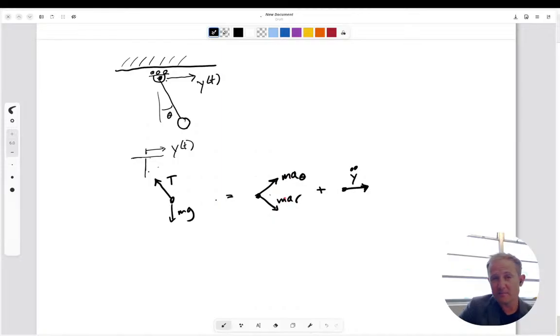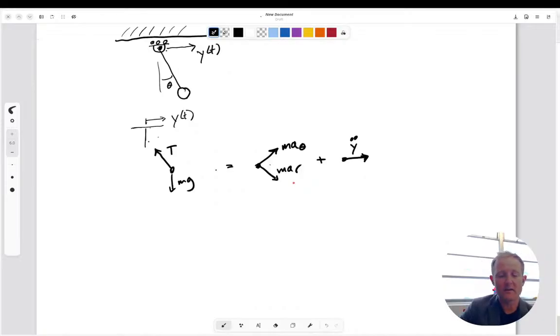We can make some small angle approximations to kind of say like this y double dot is in line with theta. It's not the same, but we can add it in there. But it gets a little tricky pretty quickly. But so that's our kind of Newtonian start.